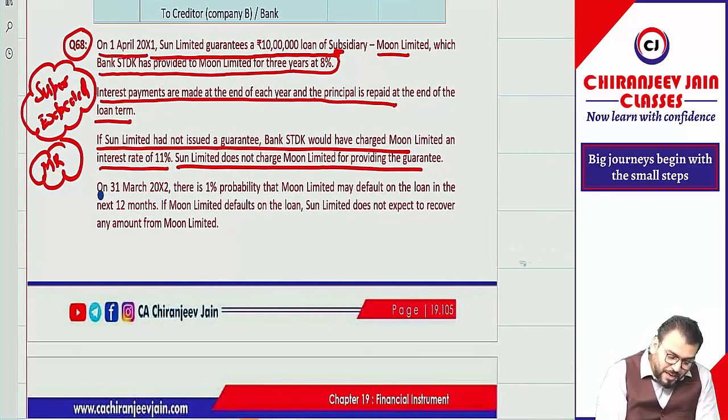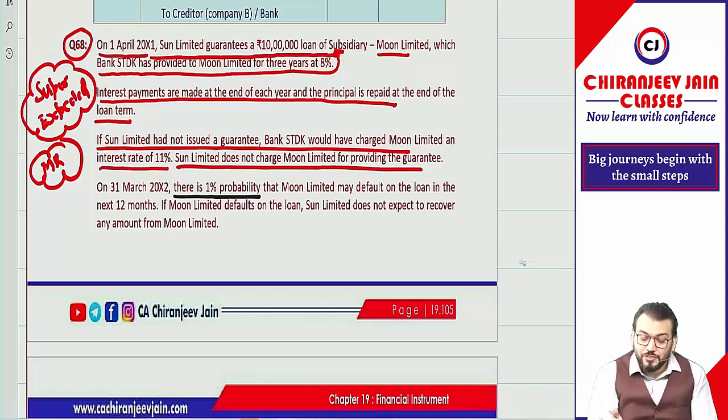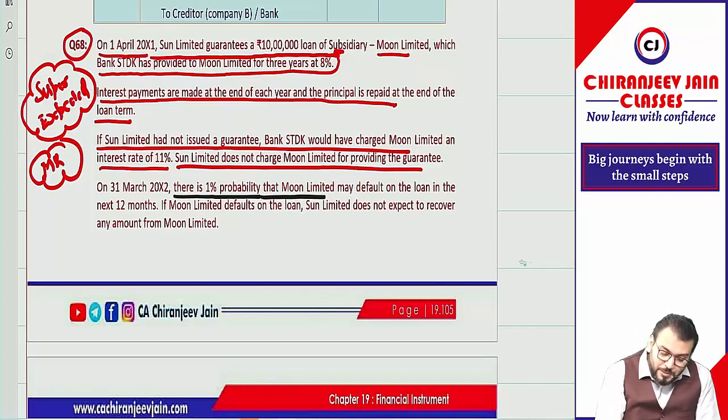On 31st March 2002, there is 1% probability. Why have they given this? To find out loss allowance. 1% probability that Moon Limited may default on the loan in the next 12 months.